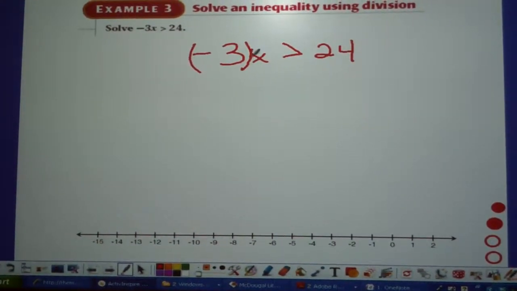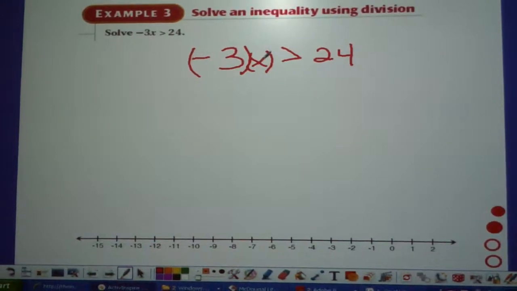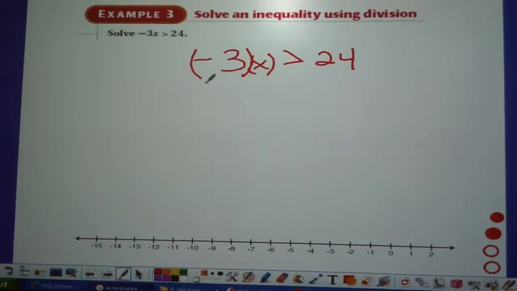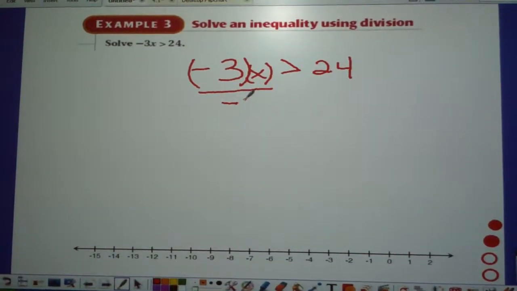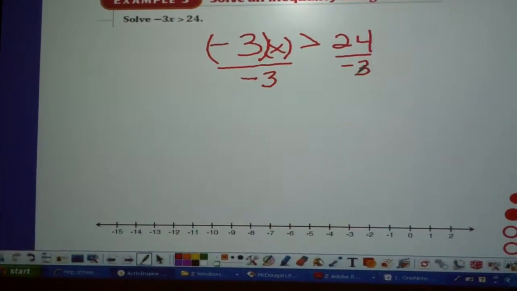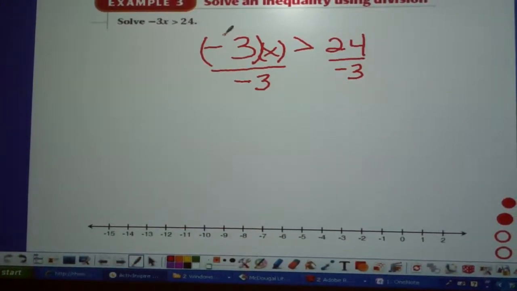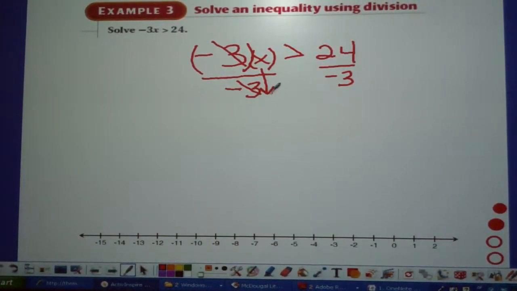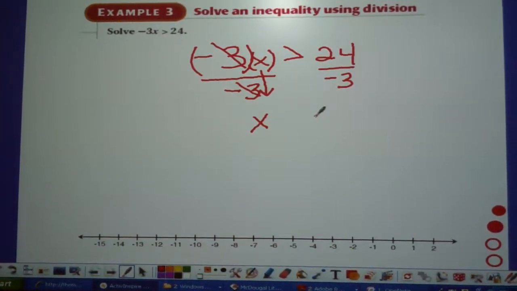We could put it like this, we don't have to, but it's being multiplied by x. So the inverse operation would be to divide by negative 3, and we're going to do the same on the other side. Now these two cancel out, and we're left with just x. So I'm going to bring that down.